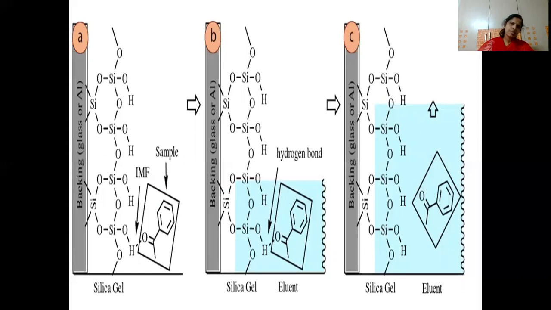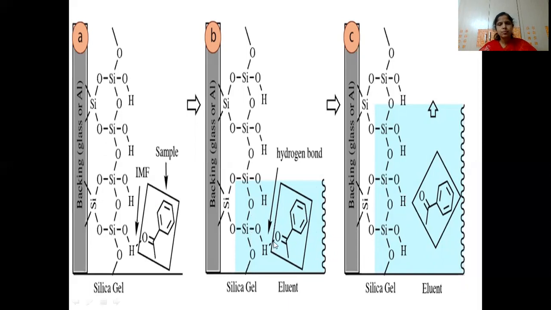Here you can see the intermolecular hydrogen bonding which is formed between the oxygen of this carbonyl and the hydrogen. Once these forces are acting, this colored part is just depicting that it is adsorbed onto the silica gel.